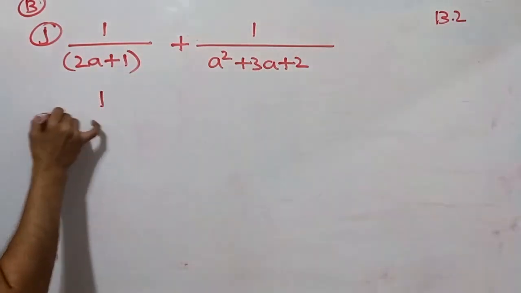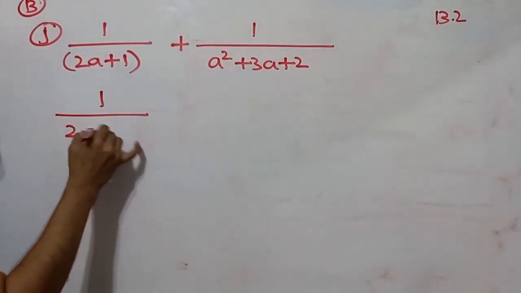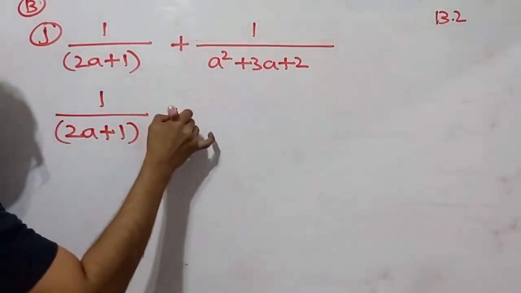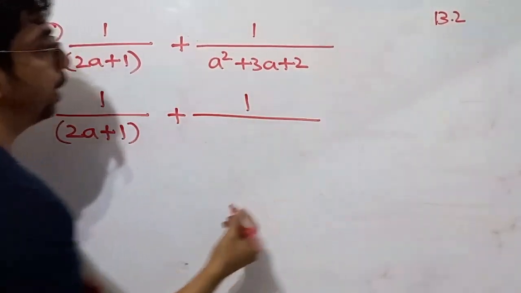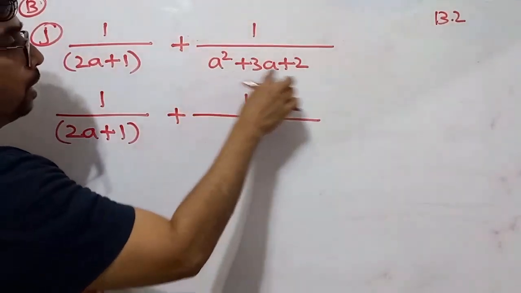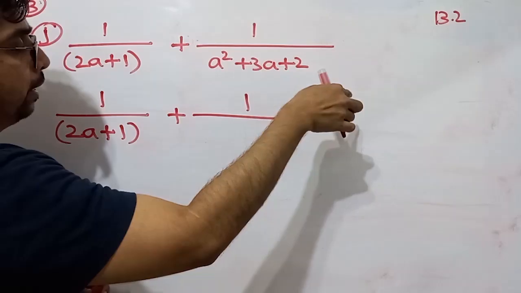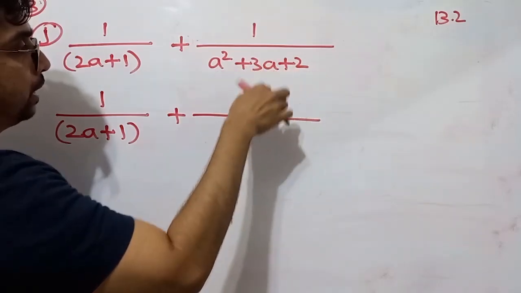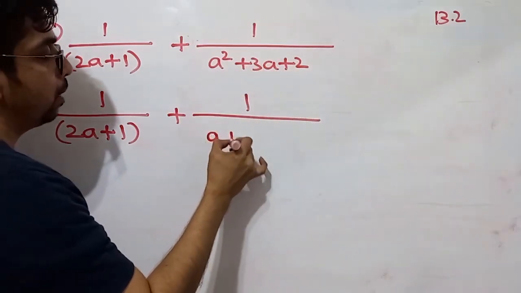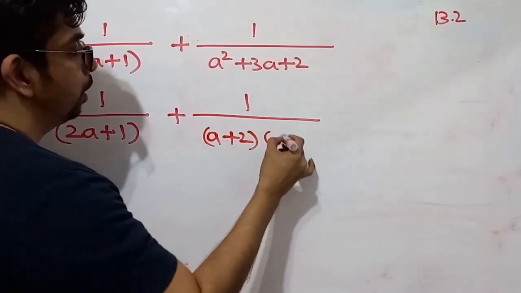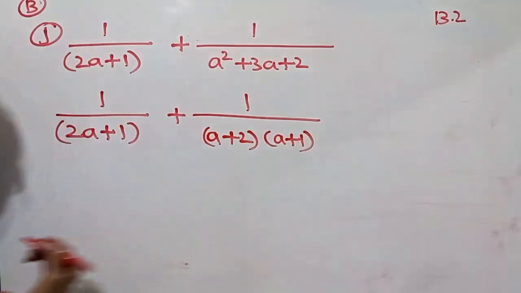Right. So 1 by 2a plus 1 plus 1 divided by. So when we multiply these two terms together, we get 2a squared. Then the middle term is 3a. So a plus 2 and a plus 1.